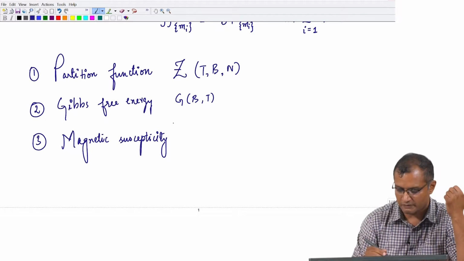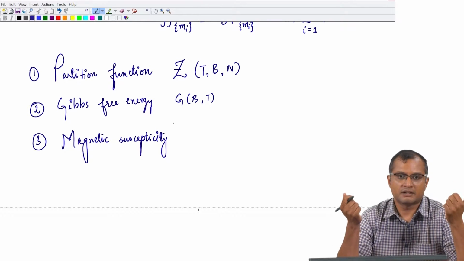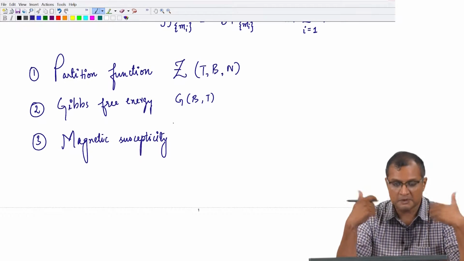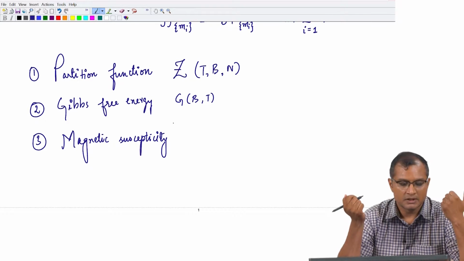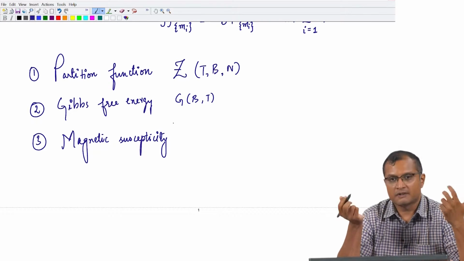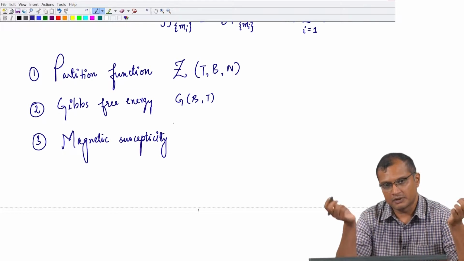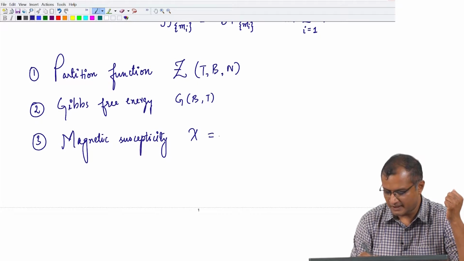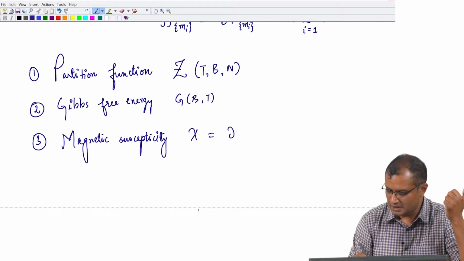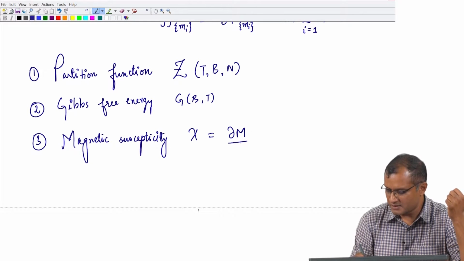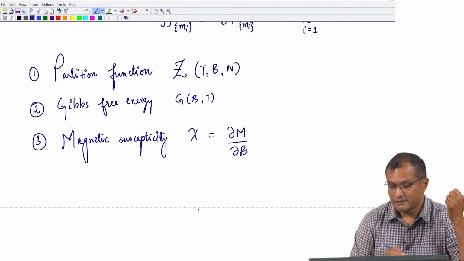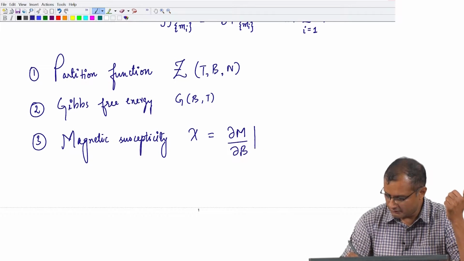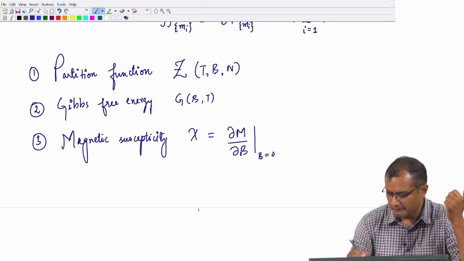It will sort of diverge, indicating a second order phase transition. So, magnetic susceptibility is an important quantity that one often constructs for magnetic systems. So, chi is defined as the rate of change of magnetization as a function of applied field for very small values of field.